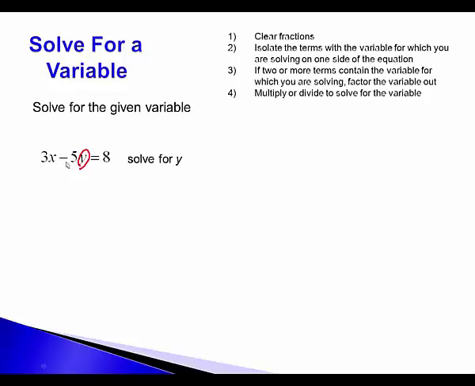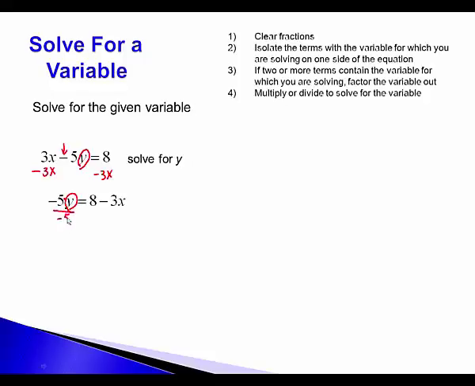Our first step would be to subtract 3x from both sides. When I do that, I'll get negative 5y, and please make sure that you keep up with that sign right there, is equal to 8 minus 3x. Now remember, our goal is to get y by itself, and it's been multiplied by a negative 5.